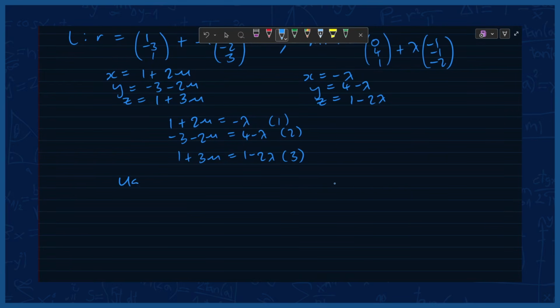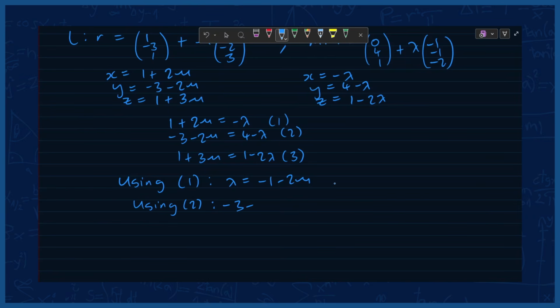So using equation 1, I can make lambda the subject by multiplying through by -1, which gives lambda is -1 minus 2 mu. I can use equation 2 to then substitute in my lambda.